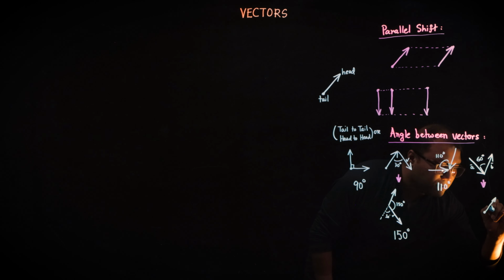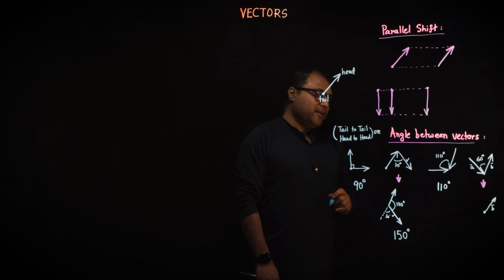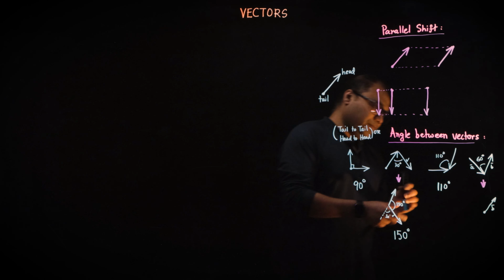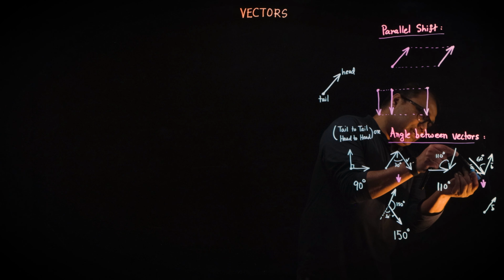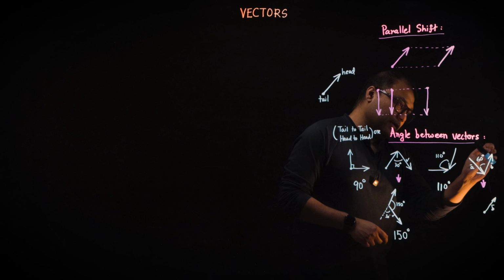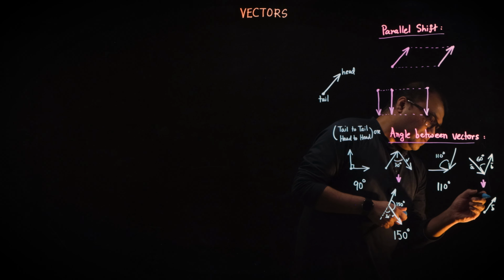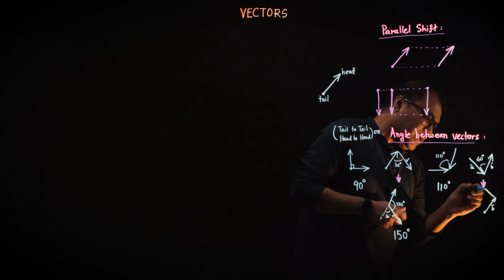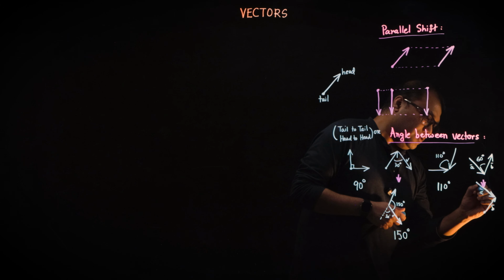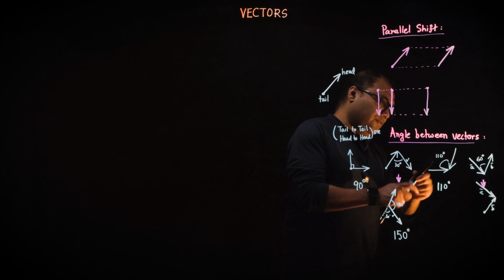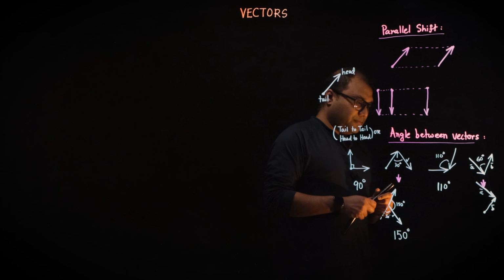We will keep the B vector as is, and this A vector we can do a parallel shift like this. So we can move the A vector like this. I do a parallel shift of the A vector like this.